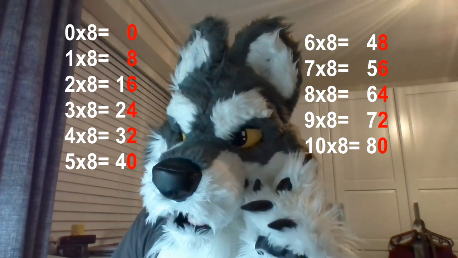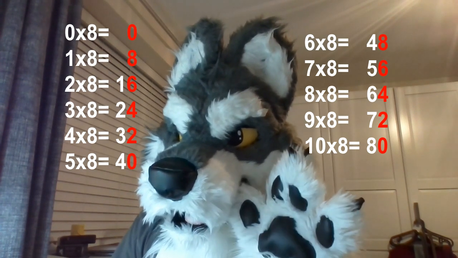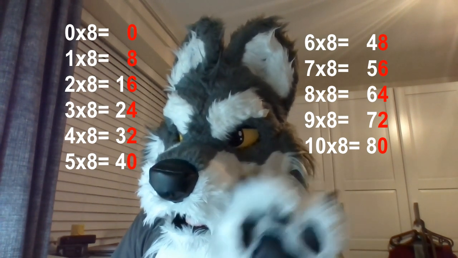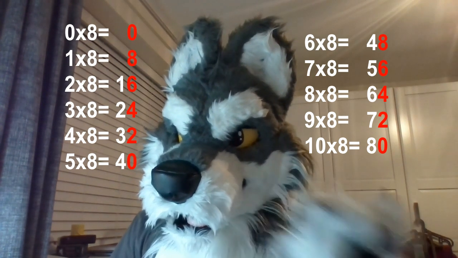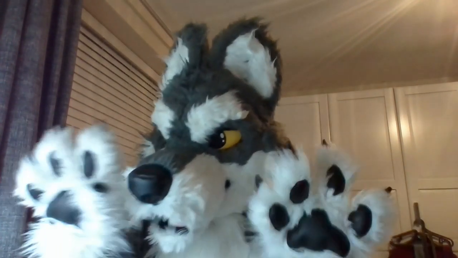And then 9 times 8 would be 72. And then 10 times 8 is 80. Did I do that right? I think that must be right, because the pattern works out.